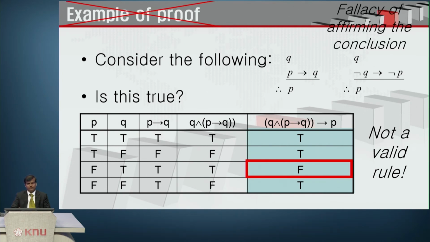So that's the fallacy of affirming the conclusion. You can't make a decision based on the conclusion. If the conclusion is true, you can't just say that the hypothesis is also true. Sometimes it may not be true.